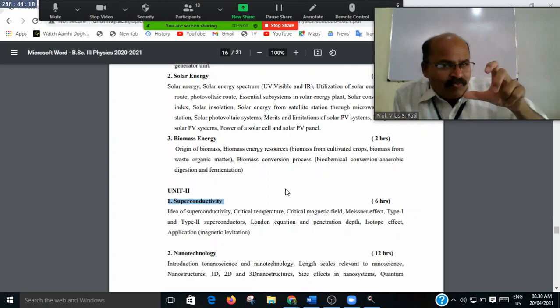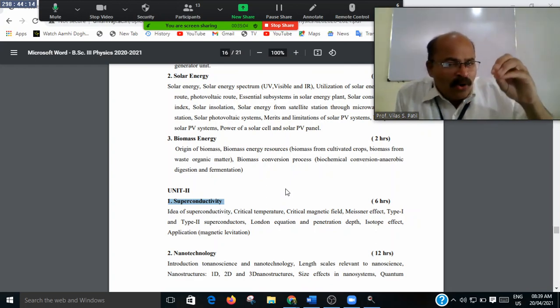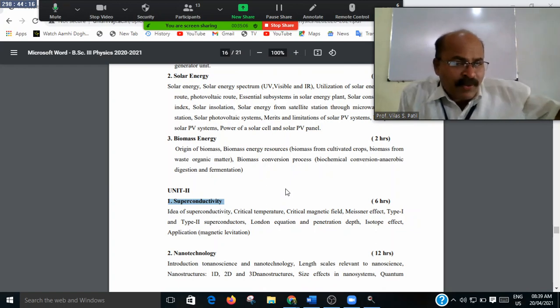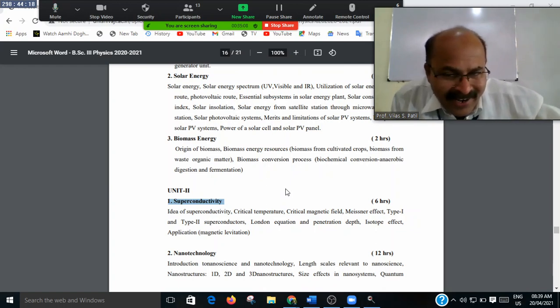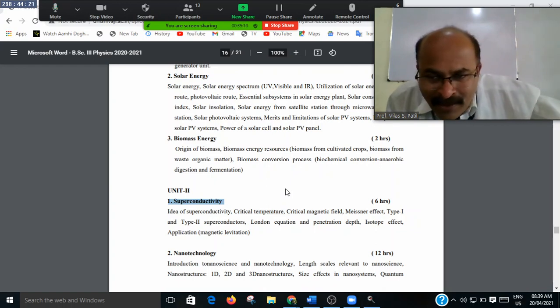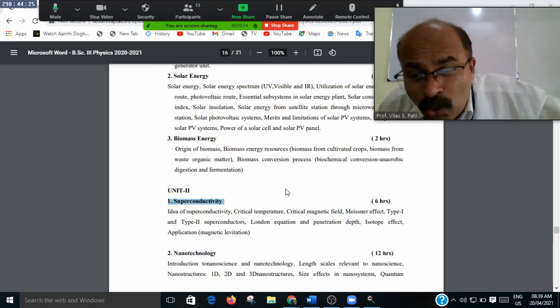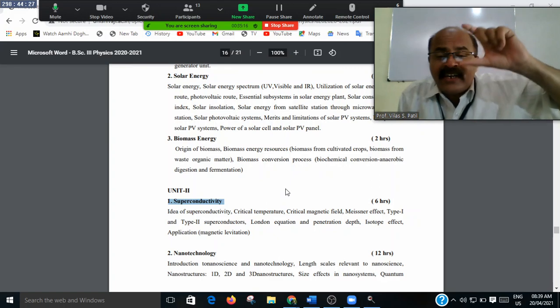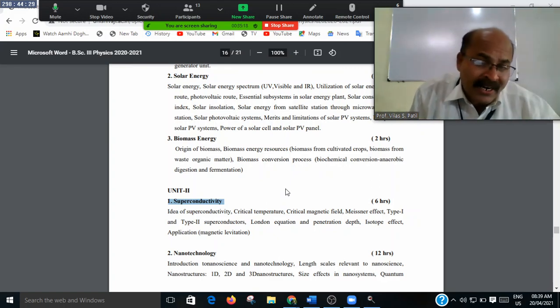That is, one conductor will go to the phase of superconductivity, but who is responsible for switching its conductivity phase to superconductivity?